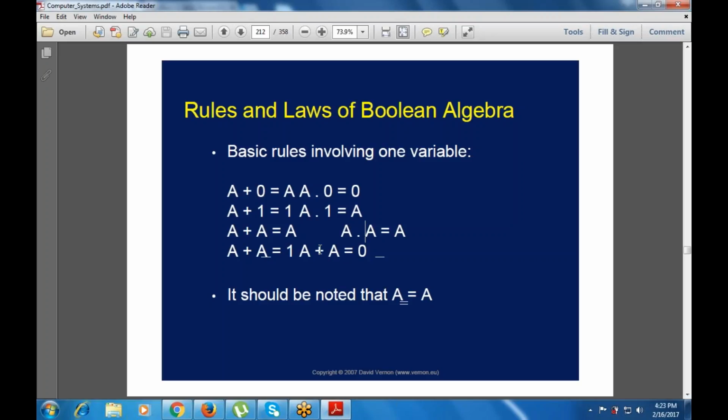It should be noted that A into A equals A. That means the complement of the complement of A is A.